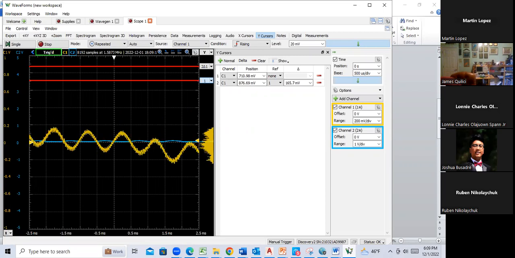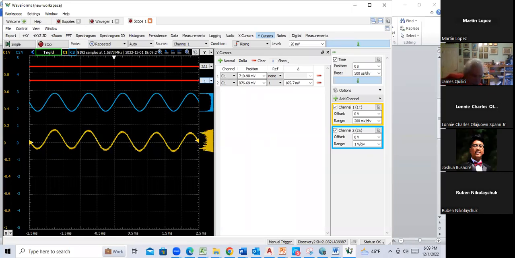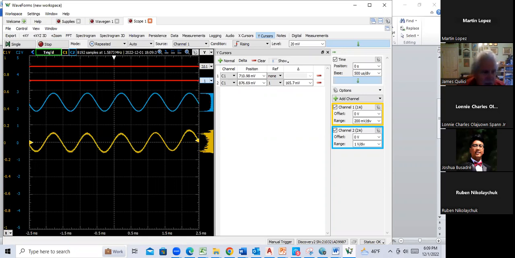I forget if this is the value I used when I did the simulation a couple weeks ago. Well, that helps. Oh, that's pretty sweet. That's got my collector right now. That's where I want it.